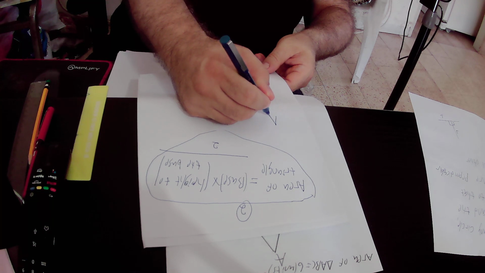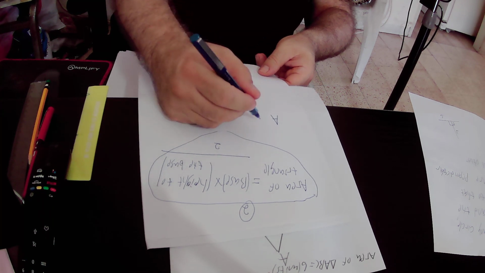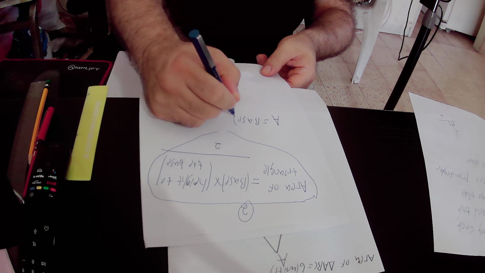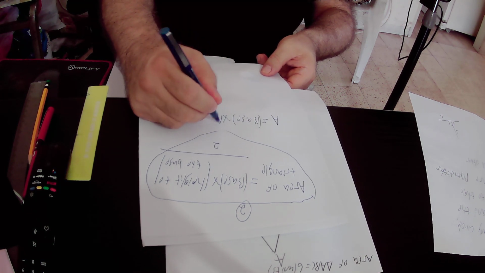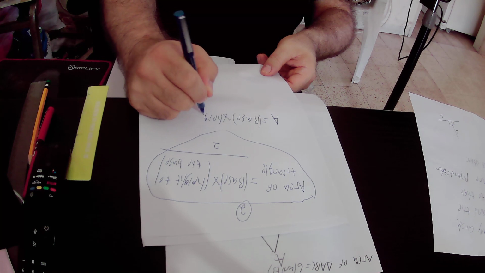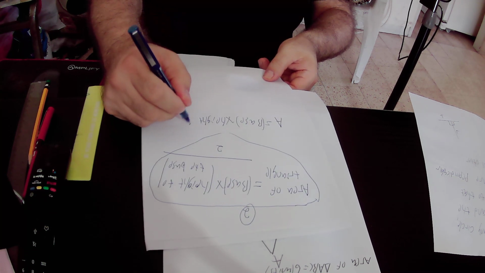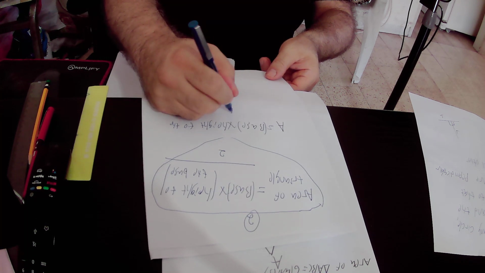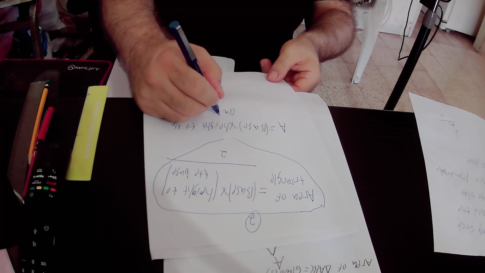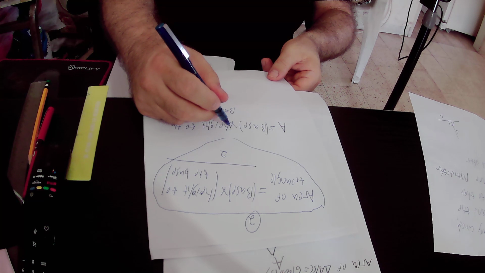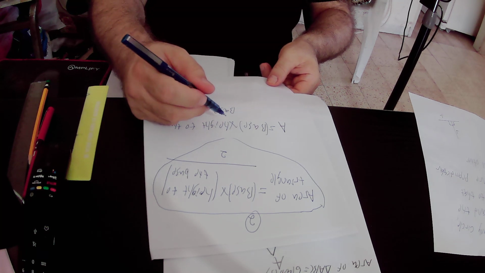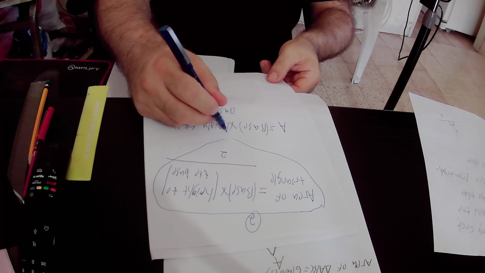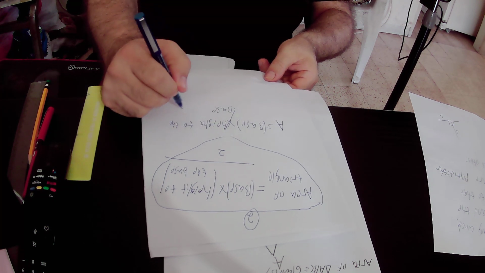So the area of a triangle, that is A, equals the base of the triangle times the height to the base divided by 2.